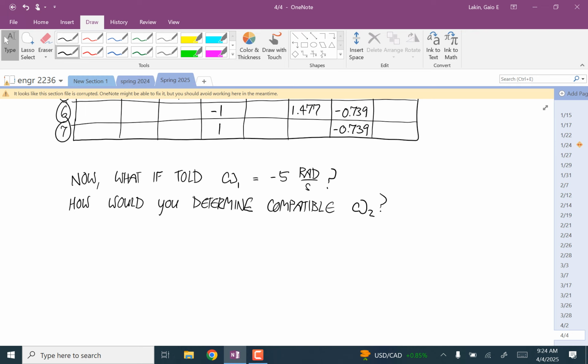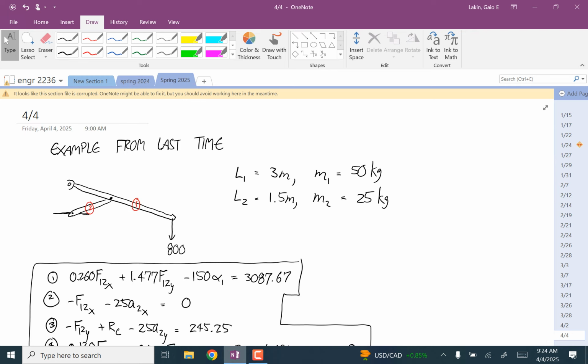But the way we're going to do it is we're going to require that, how did I number these? What was that pin there called? B. Okay, so what we know is that, and this was C, we know that the velocity of B according to member 1 and the velocity of B according to member 2 have to match up.